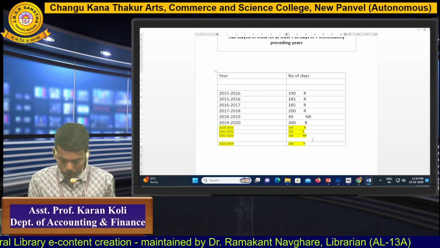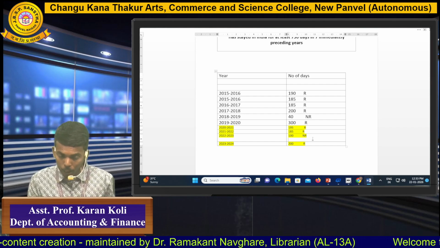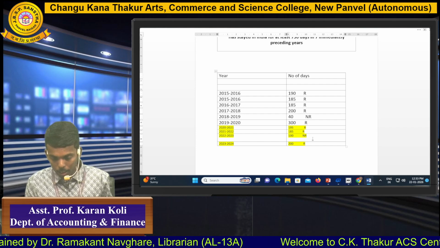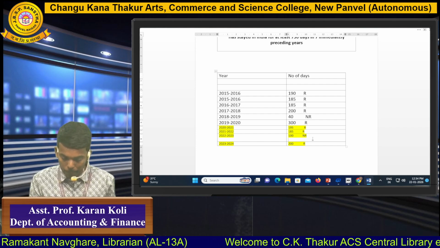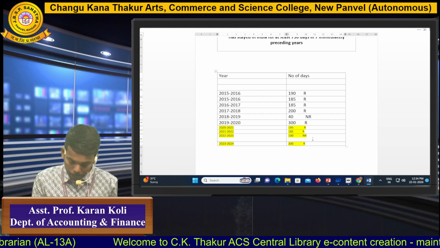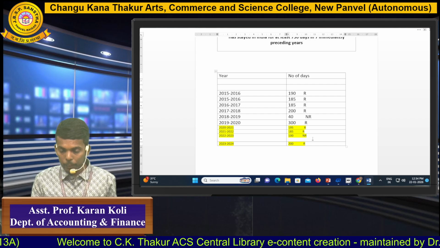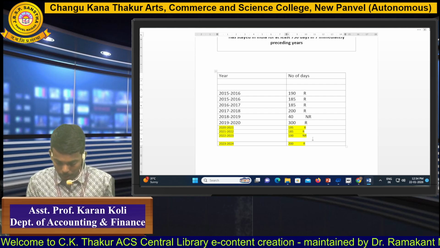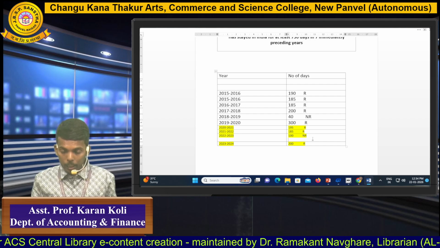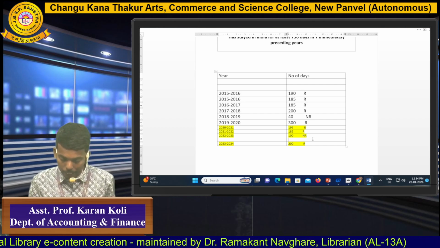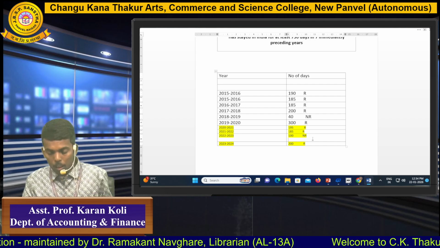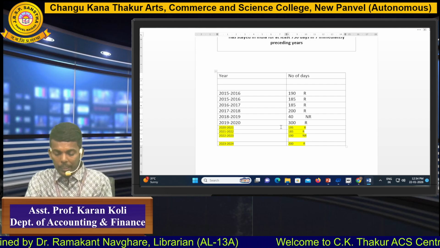So he was in India 200 days in 2023-24, plus 100 days in 2022-23, 185 in 2021-22, 195 in 2020-21, 300 in 2019-20, 40 days in 2018-19, plus 200 days in 2017-18.